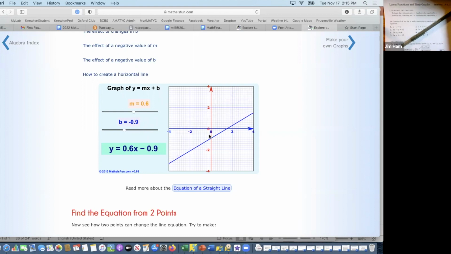It looks like the whole thing's moving, but just focus on the y-axis here. As I move the y-intercept further into the negatives, the line goes down, but the steepness of the slope doesn't change. And then as the y-intercept gets larger, you can see that the line just goes up higher.